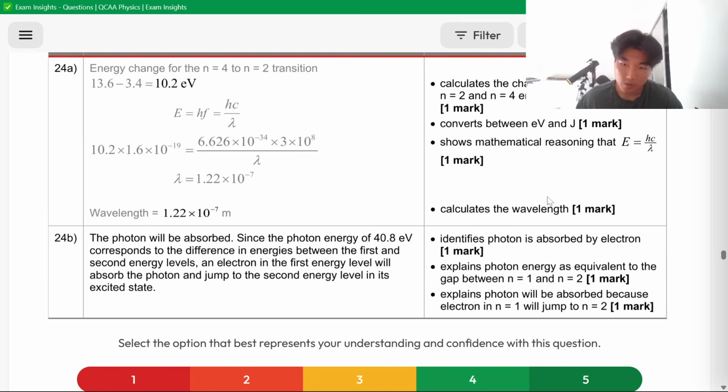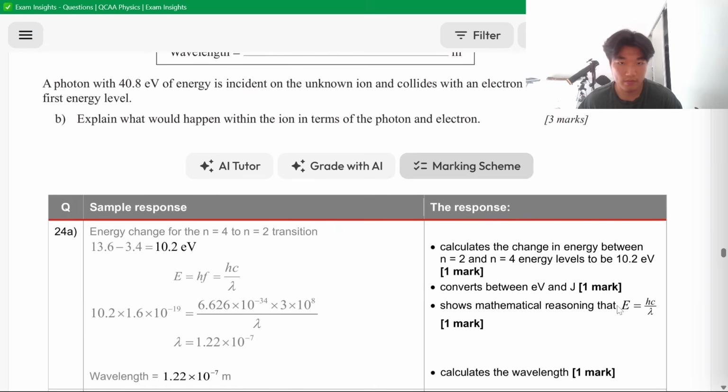The photon will be absorbed. Since the photon energy of 40.8 electron volts corresponds to the difference in energies between the first and second energy levels, an electron in the first energy level will absorb the photon and jump to the second energy level in its excited state.